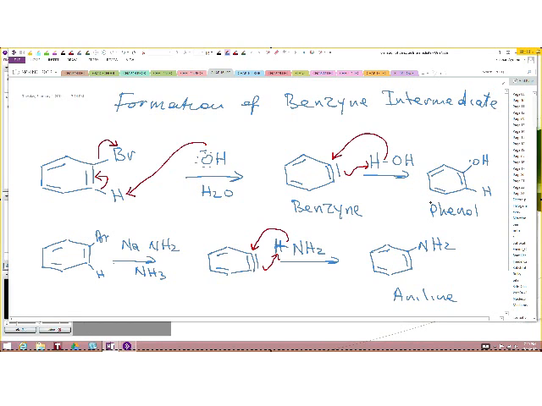Now, we could also react the benzyne in a Diels-Alder reaction.